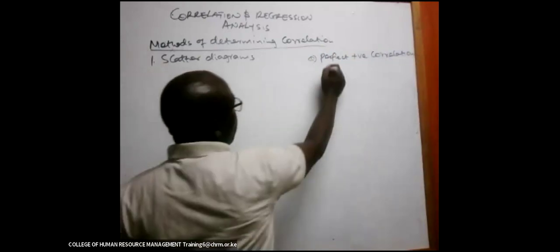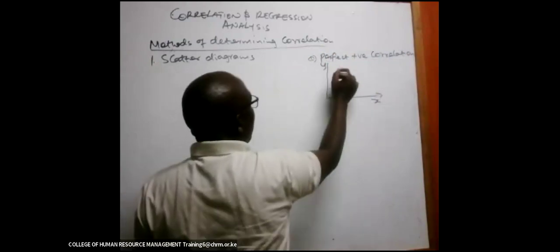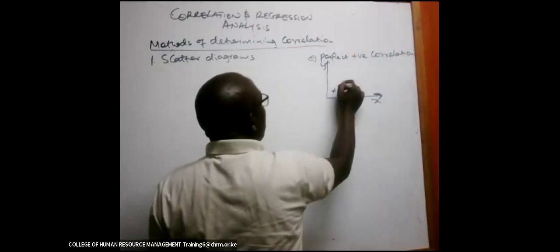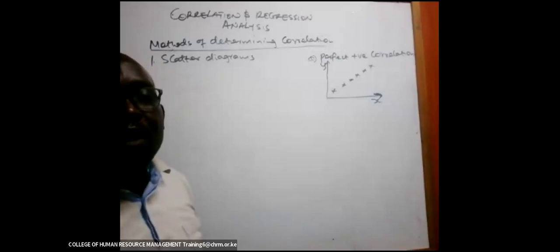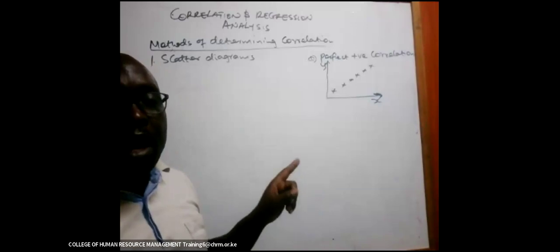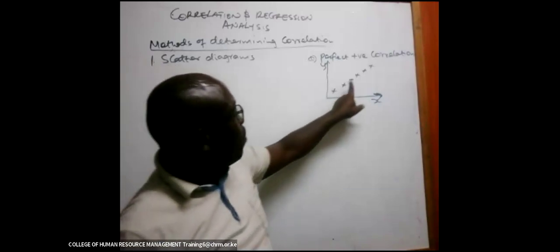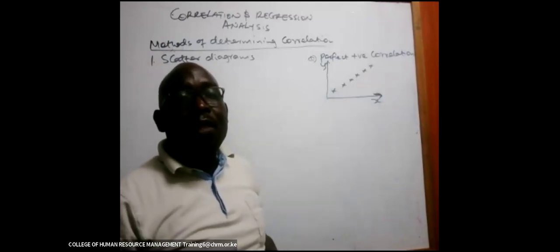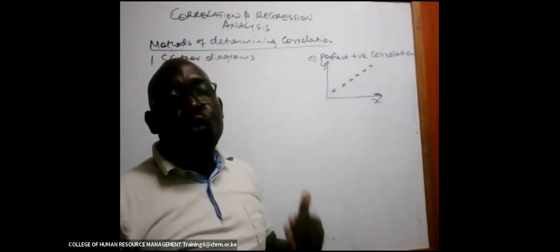This will occur when you plot your points. This is your x and your y, and you find that the points are sloping positively and they appear to be on a straight line. Remember, scatter diagram, we don't join those points with a line. You just plot them and then you observe the pattern of those points. If you find that they are sloping positively and all those points are on a straight line, then you can say that the two variables are having a perfect positive relation.